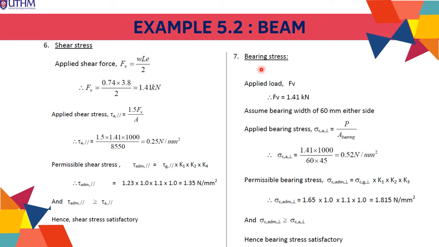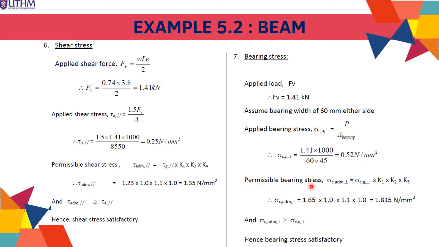For bearing check, we take Fv as 1.41, then we assume that our bearing width is 60 millimeter. We calculate our bearing stress by P over A, where A is the bearing area or contact surface. So 60 is the bearing width and 45 is the timber width. We get 0.52 Newton per millimeter square.